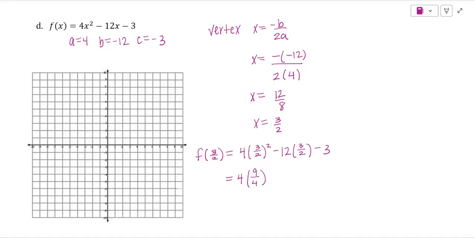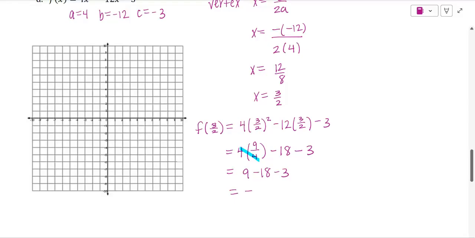This is going to be 36 over 2, which is negative 18, and then negative 3. Here the 4's are going to cancel, and I'll have 9 minus 18 minus 3, which is negative 12. So I think my vertex is going to come from here. This is h, this is k. My vertex is at 3/2, negative 12.